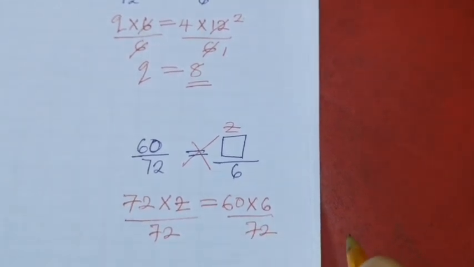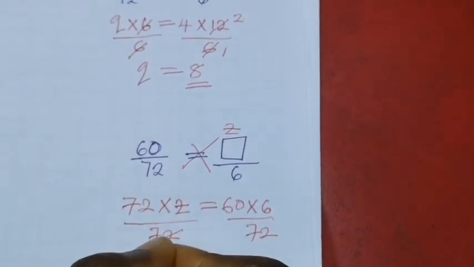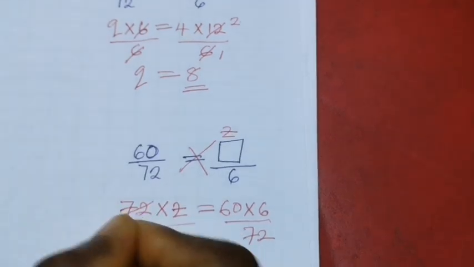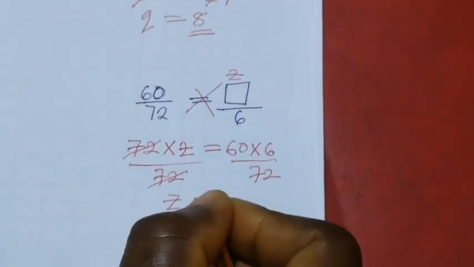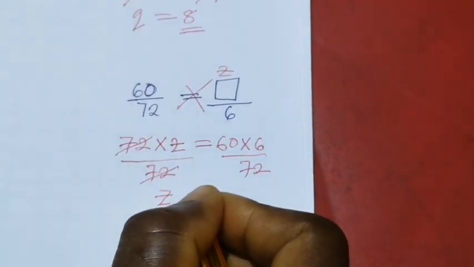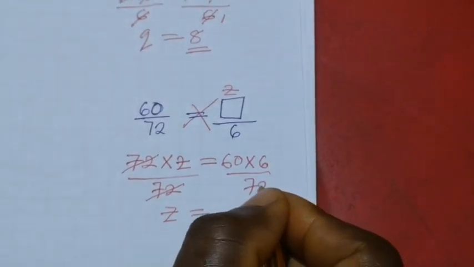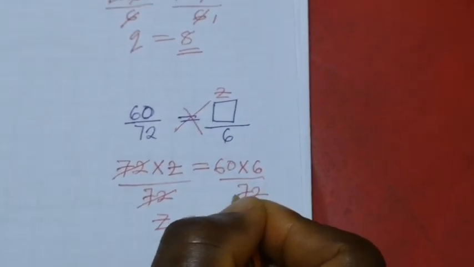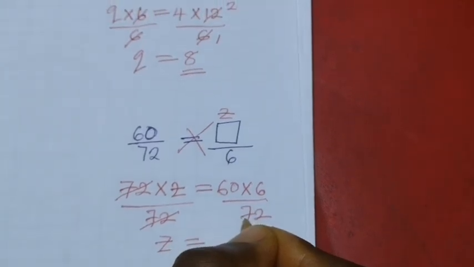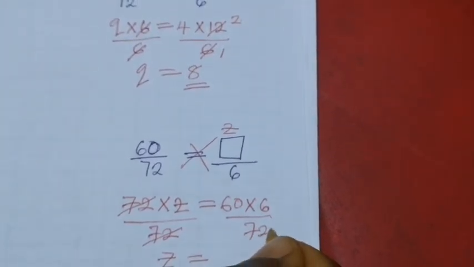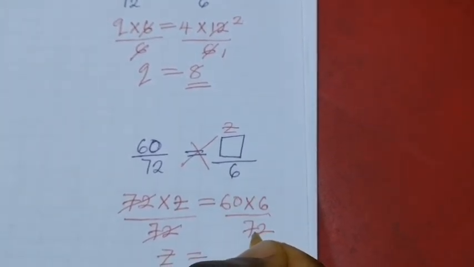So that 72 here, 72 here, I will have only z here is equal to, then here I cannot actually divide 72 at the same time, so I will take it bit by bit. Let me go with 12 first.